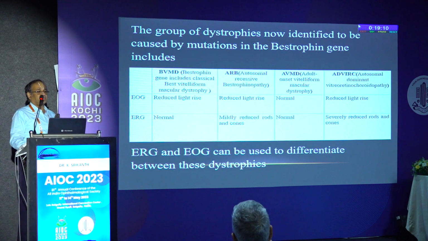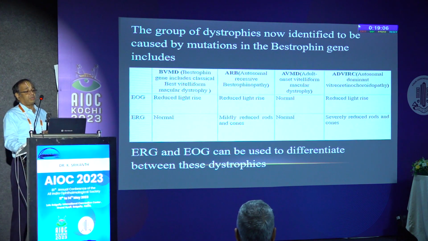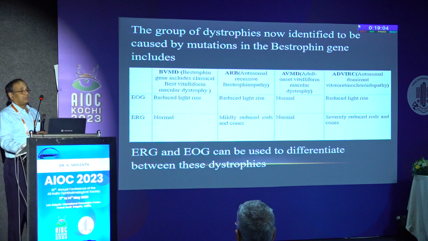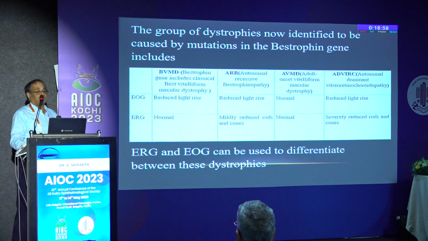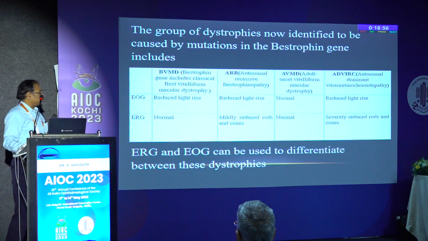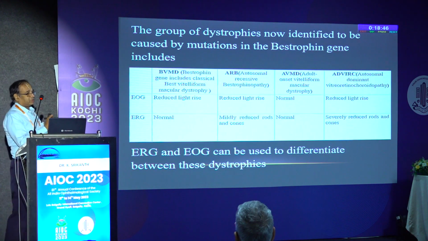So you can see the difference where ERG may be normal, but the EOG may be abnormal. So this is what you can see in this. So reduced EOG with normal ERG is used in macular dystrophy, Best macular dystrophy.